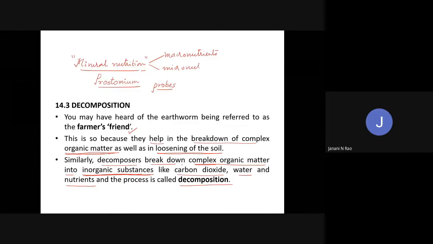Heard, sir. Have you learnt about the macro and micronutrients in chemistry? Yes, sir. So these nutrients are formed.